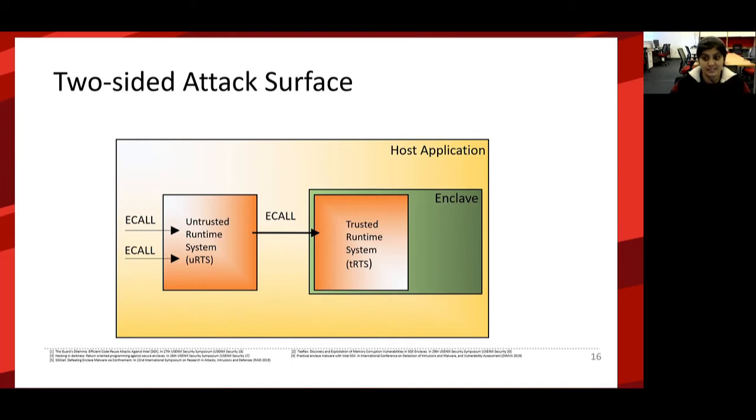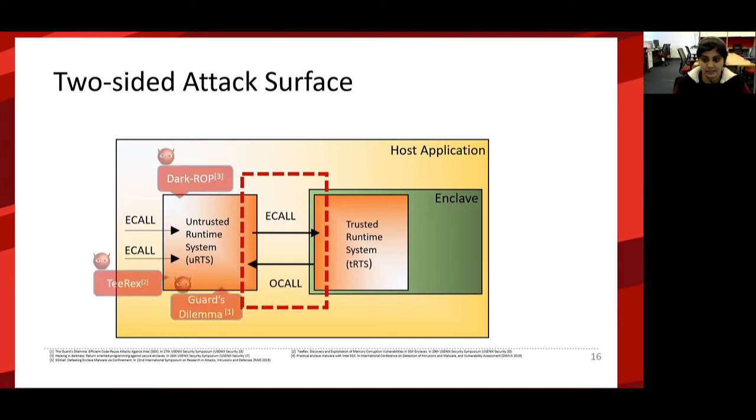When a function running inside the enclave wants to temporarily call an outside function, say a system call, this kind of call from inside the enclave to outside is called an OCall. This OCall is made by the TRTS and received by the untrusted runtime system. This red box is the one that performs all the communication in and out of the enclave.